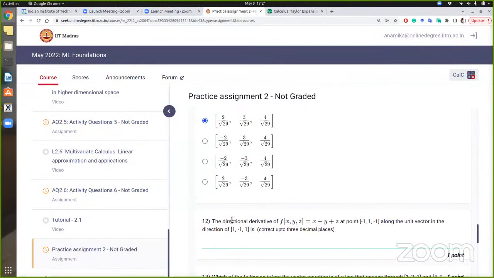Okay, next one. The directional derivative of this at point this along the unit vector is, yeah. So here you have to compute the weighted sum of partial derivatives. Can you do that?